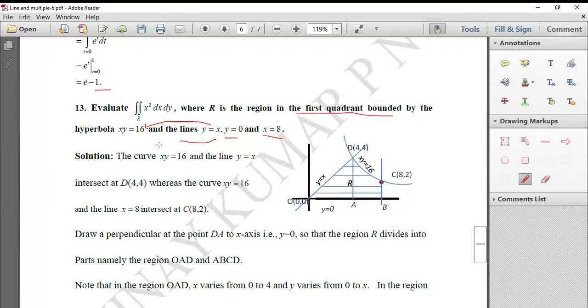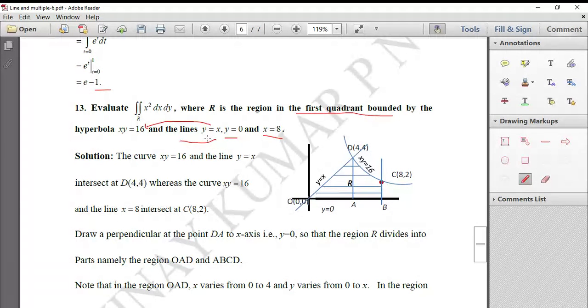We have to consider plus 4 only. So at plus 4, these two curves intersect. When x equal to 4, you will get 4 into y is equal to 16, that means y is equal to 4. So at 4, 4, these two curves intersect.